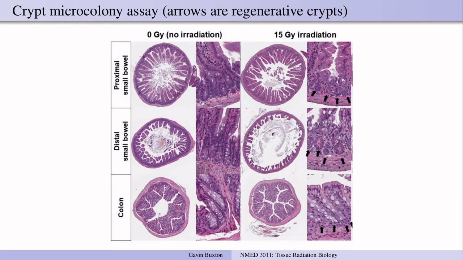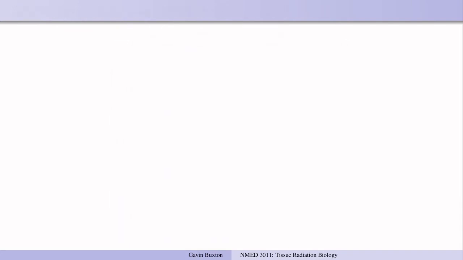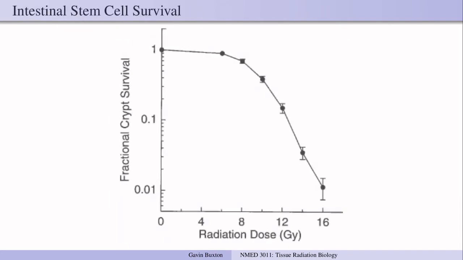So there might be something that you could give that might protect the cells from this type of radiation damage. The upshot of all of this is that we can produce these cell survival curves. So on the y-axis, the fraction of surviving crypts is plotted as a function of the dose in grays.